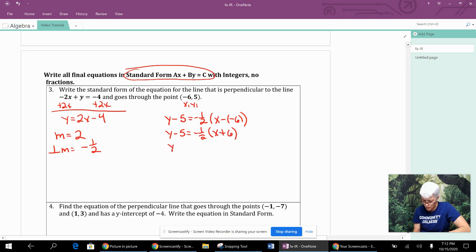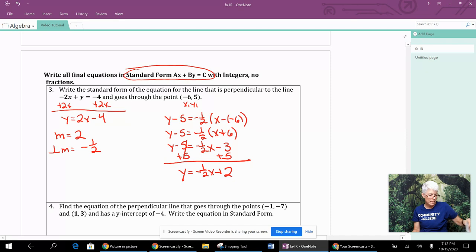Okay, y minus 5 equals a negative 1/2 x minus 3. Add the 5. Y equals negative 1/2 x plus 2.